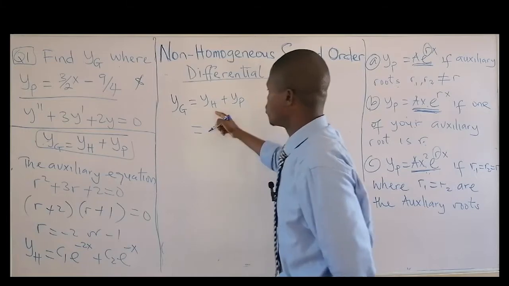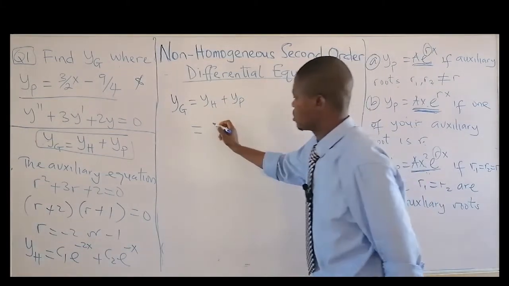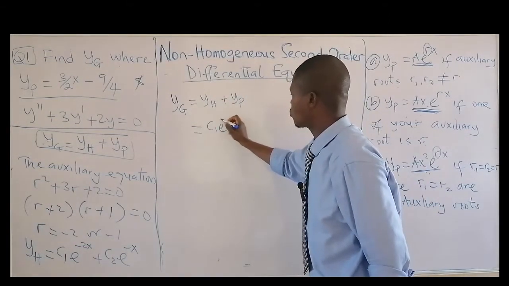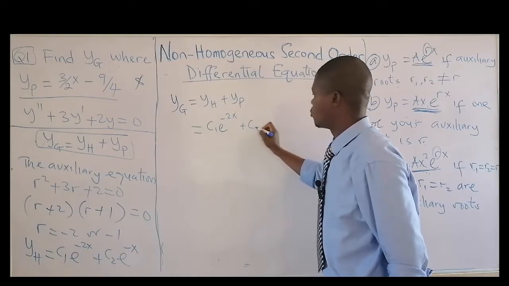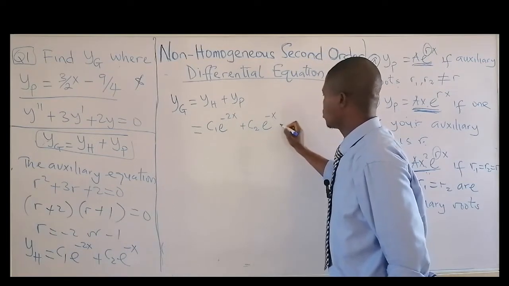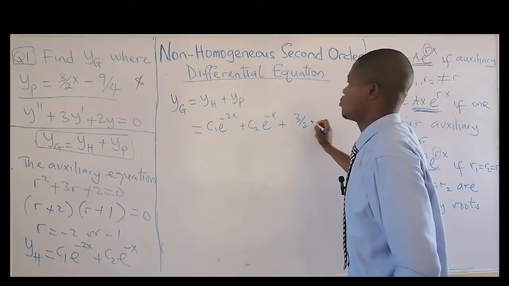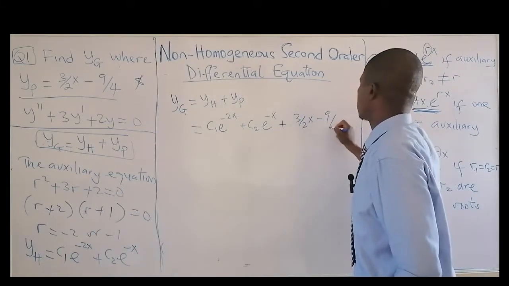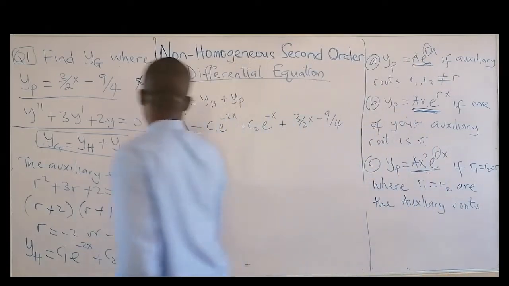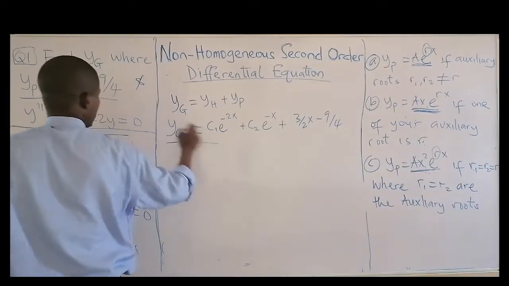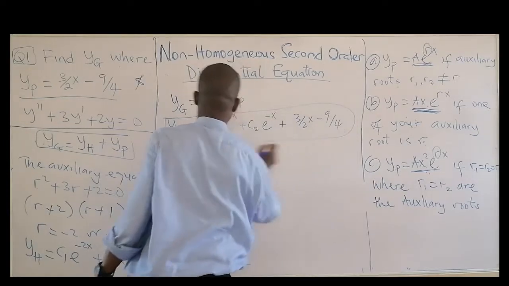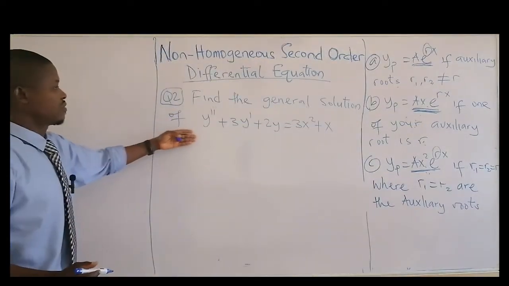So I know my homogeneous part: C1 e to the minus 2x plus C2 e to the minus x, plus YP, which has been given in the question: 3 over 2 x minus 9 over 4. So that's the general solution to that question.